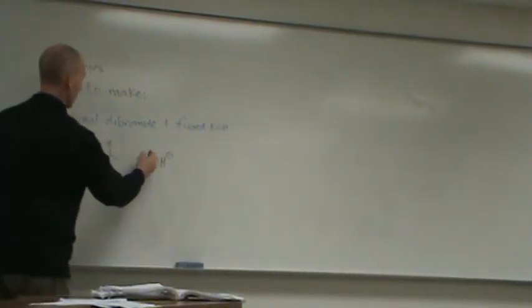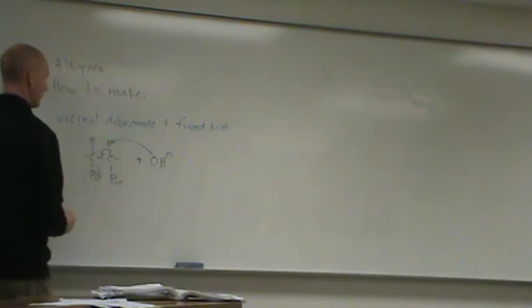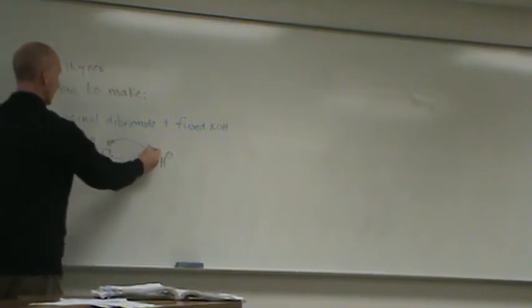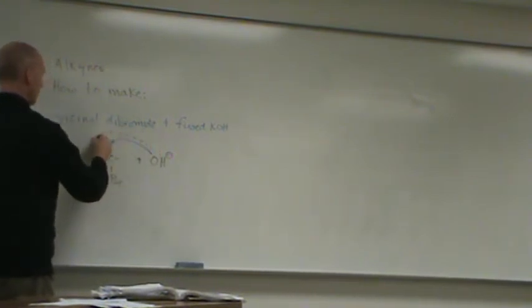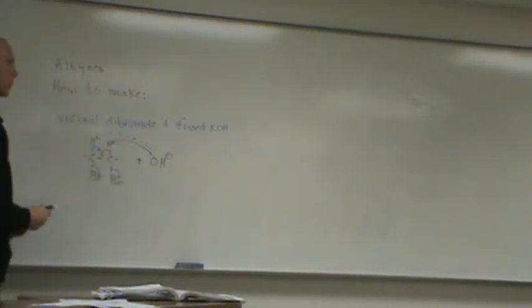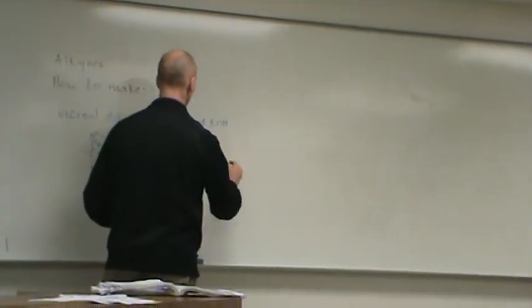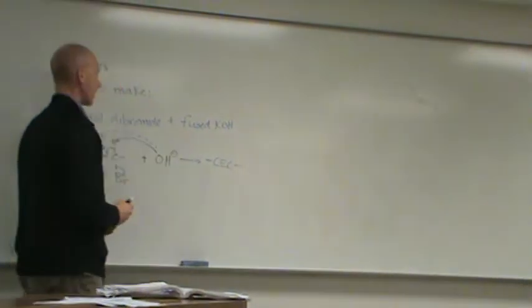So kind of symbolizing that there. 1, 2, 3 gives you the double, and then it comes in again to form the triple. So that is our primary way of making an alkyne, or the triple bond.